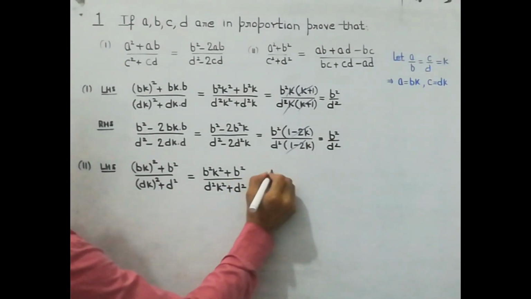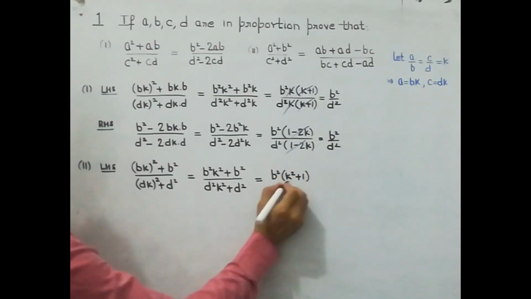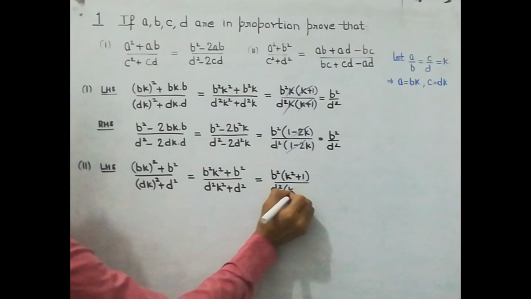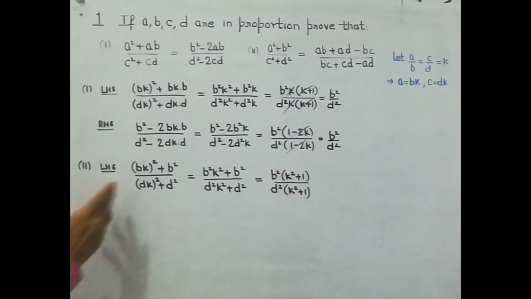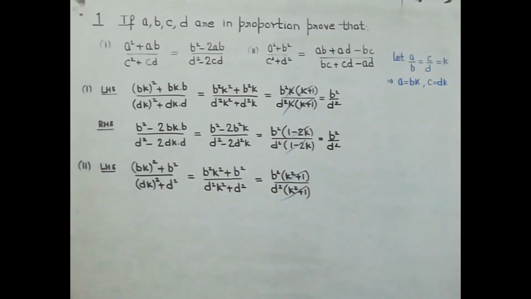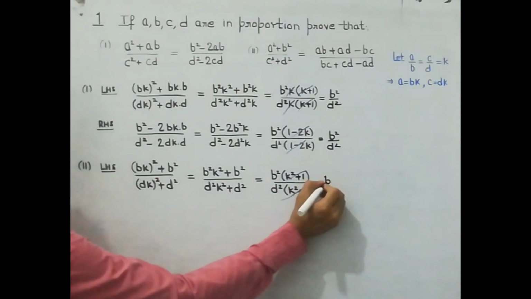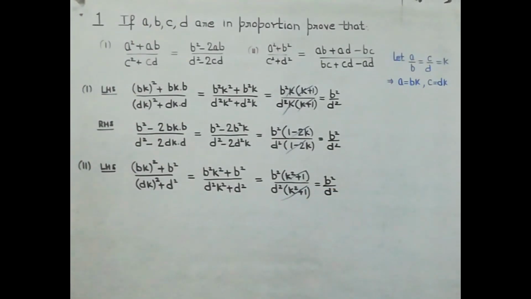On taking B square common, K square plus 1, taking D square common, K square plus 1. So this much is clear. We substituted and now we are solving it. This will cancel out. So we have solved the left side and we are getting the result B square upon D square.